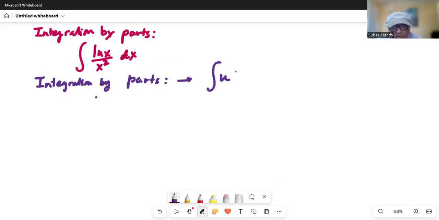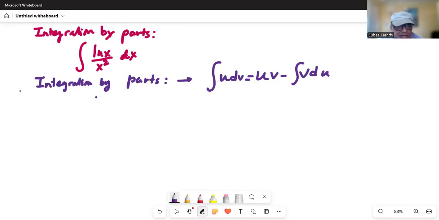Integration of u dv is equal to uv minus integration of v du. So the strategy in solving integration by parts is to correctly select the two terms u and dv: which one is u, which one is dv in the original expression.